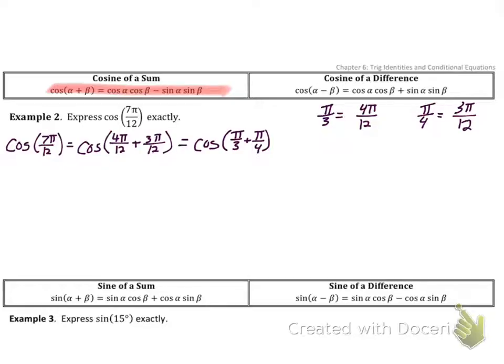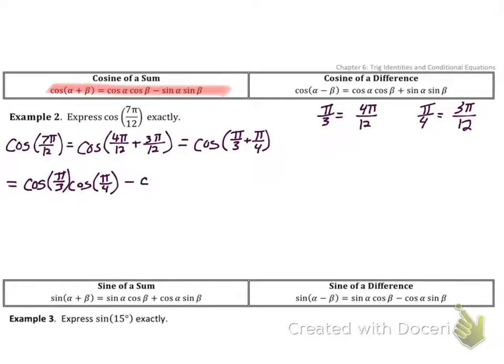For cosine of sum, we have cosines on one side of our addition or minus sign, and we have the signs on the opposite side. So when I rewrite this, it's going to equal the cosine of that first number, which is pi over 3, times the cosine of that second number, maybe I should put those in parentheses, of that second number, which is pi over 4.